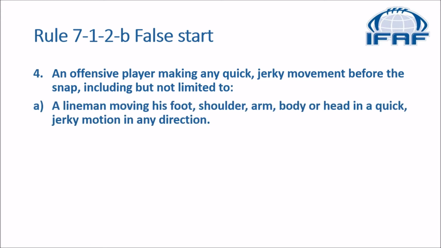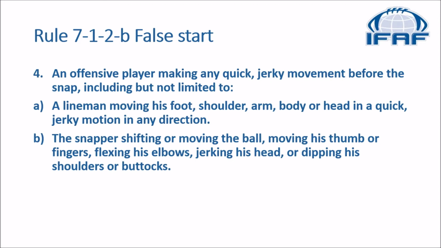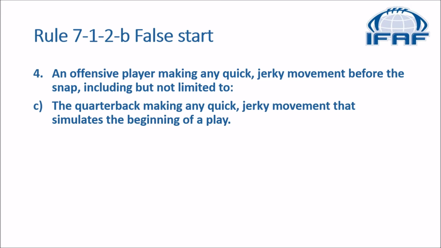A lineman moving his foot, shoulder, arm, body, or neck in a quick jerky motion in any direction. B. The snapper shifting or moving the ball, moving his thumb or fingers, flexing his elbows, jerking his head, or dipping his shoulders or buttocks. C. The quarterback making any quick jerky movement that simulates the beginning of a play.